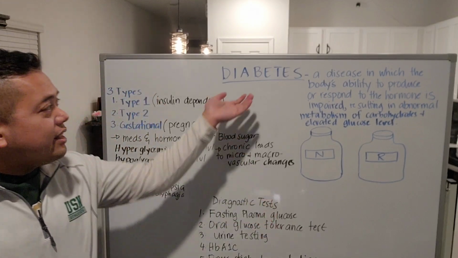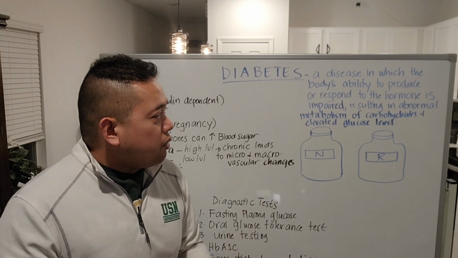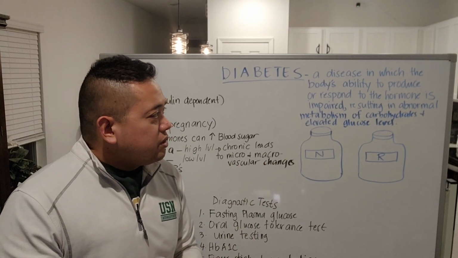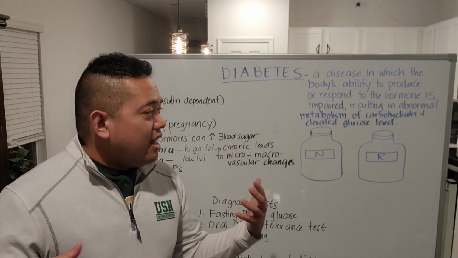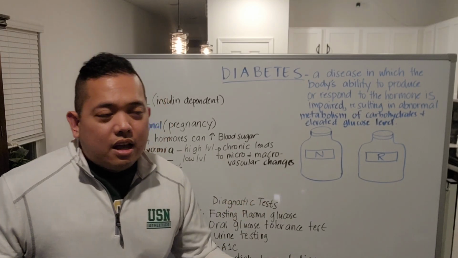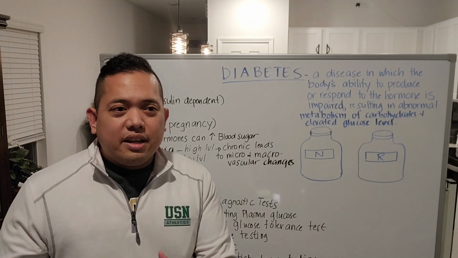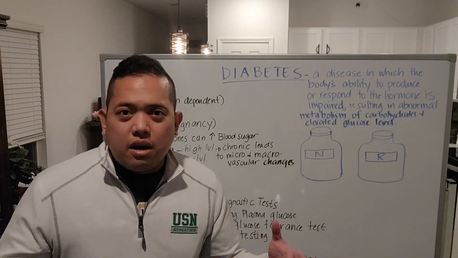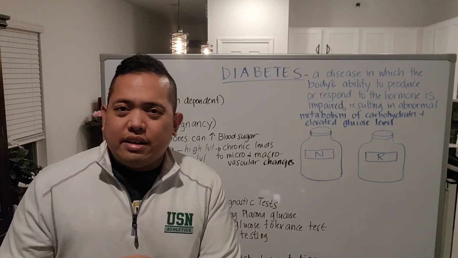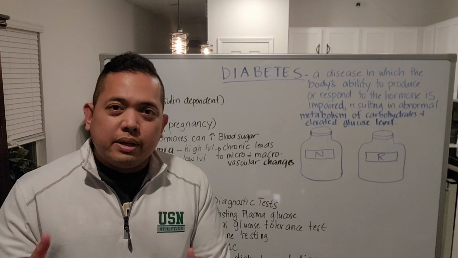So again, diabetes is a disease in which the body's ability to produce or respond to the hormone is impaired, resulting in abnormal metabolism of carbohydrates and elevated glucose levels. So it was discussed before that if you have diabetes, the pancreas is not capable of making enough insulin to be used by the body.